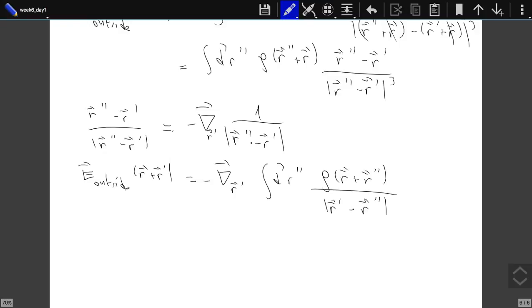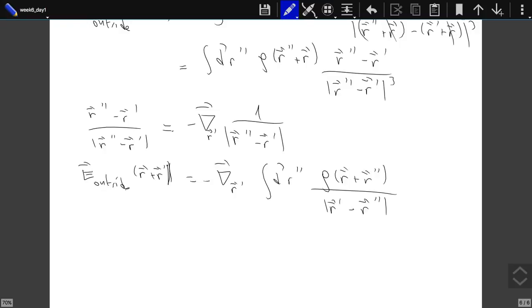So basically, shouldn't it be the gradient of the potential at r, so the gradient with respect to r at r prime? Well, you see, r is just a constant vector, because we are considering that the volume is constant. We take a point in our volume. We have to take the gradient relative to that point.